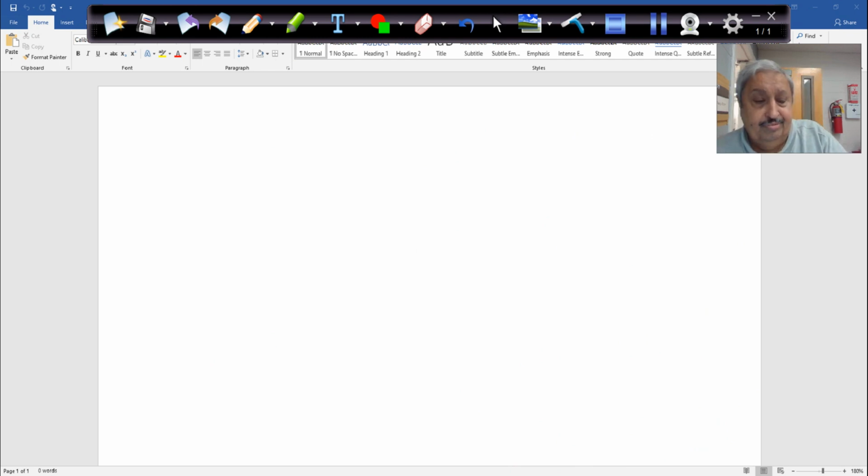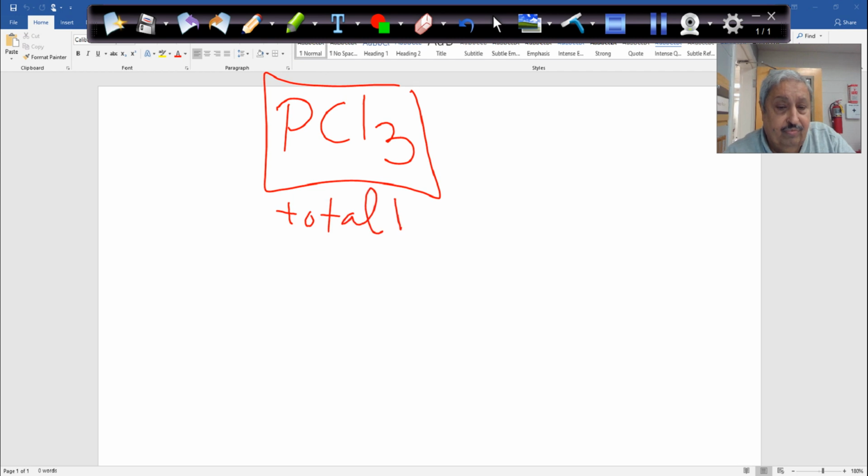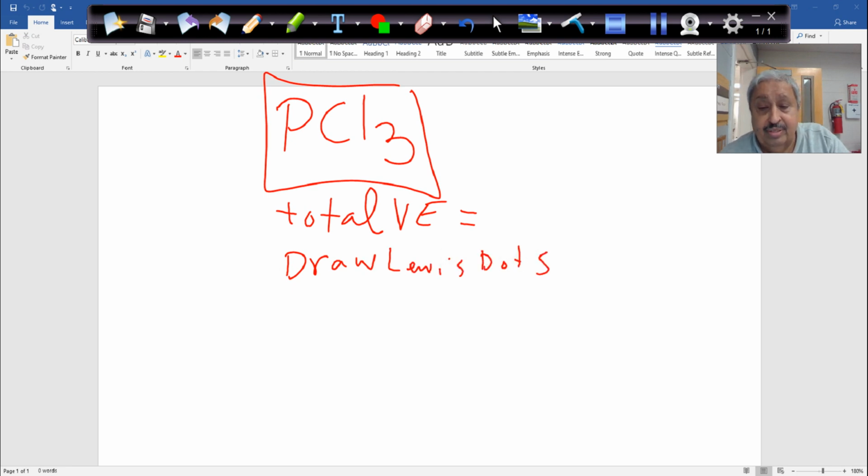So I have a compound that has PCl3. I want to determine first the total valence electrons, VEs. How many total do I have? That's what I have to determine, correct? Then after the total, I have to draw the Lewis dot structure.